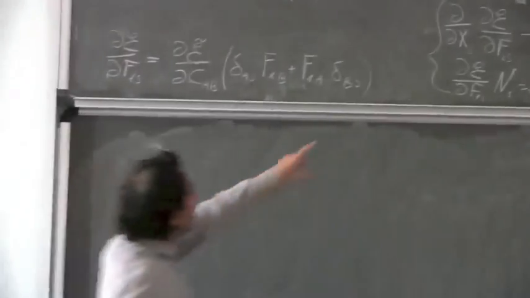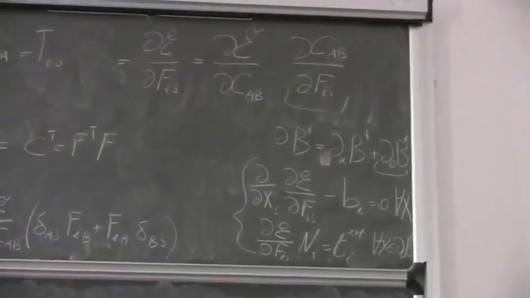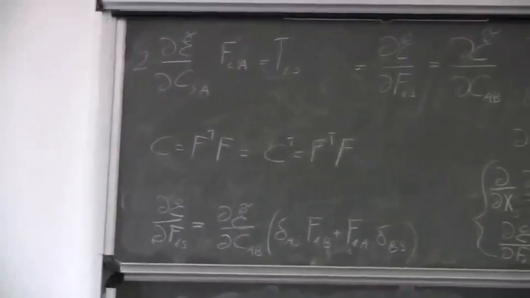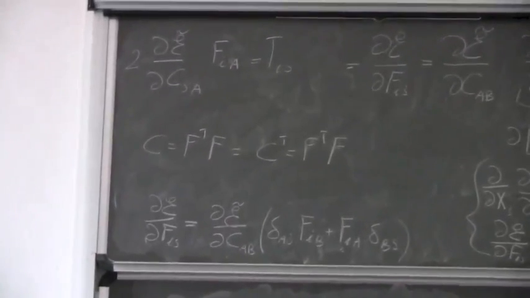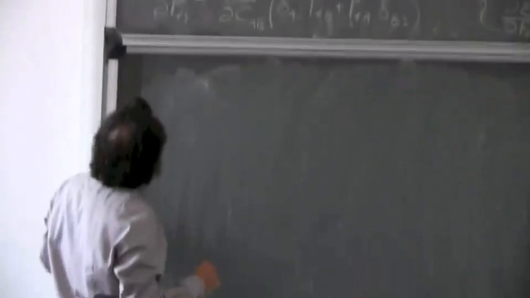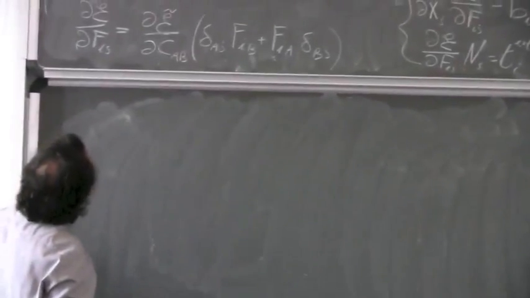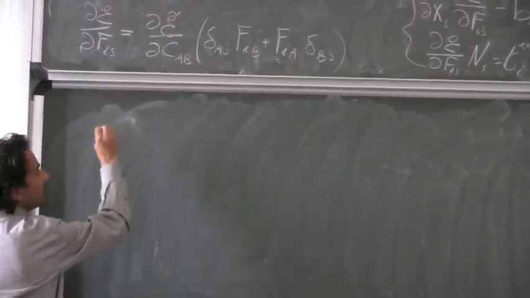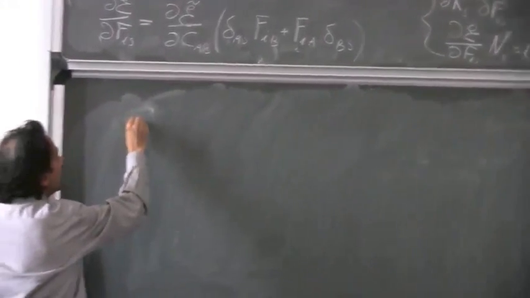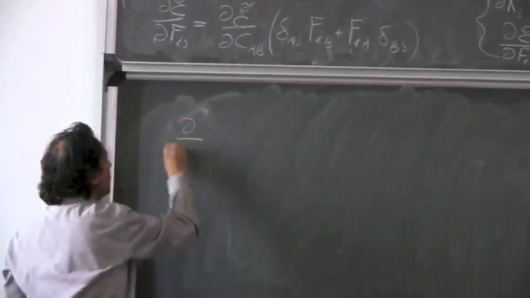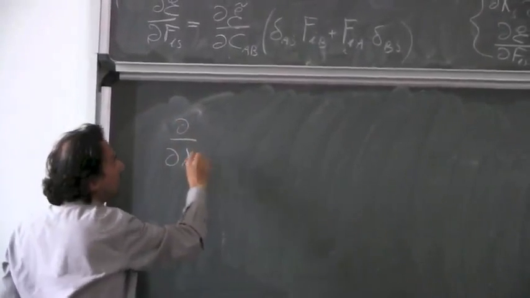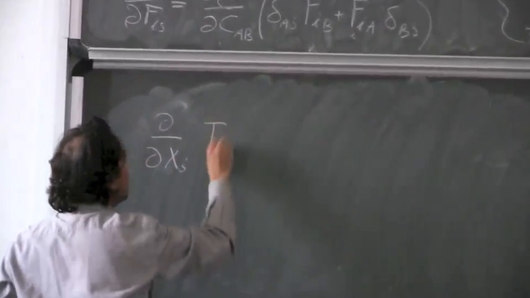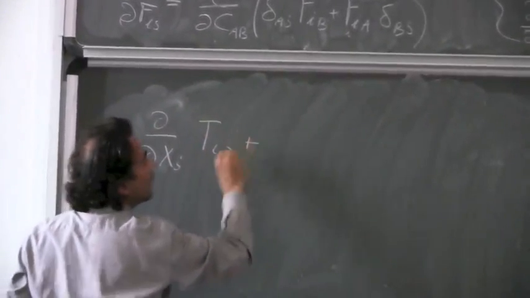So if we recall this in terms of that tensor, we can say the following: that the partial differential equations are the derivative with respect to x_j of T_ij.